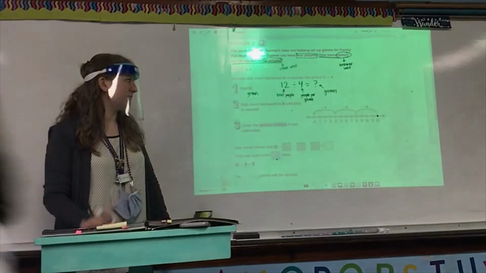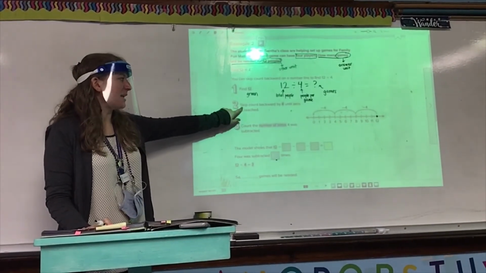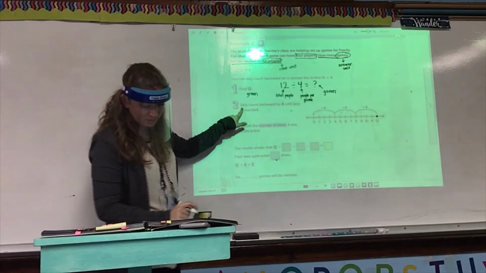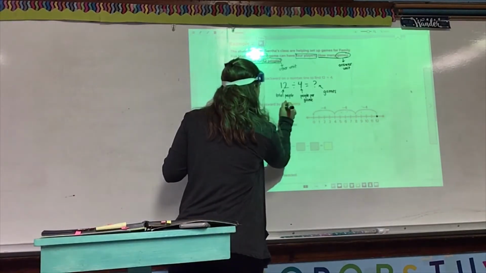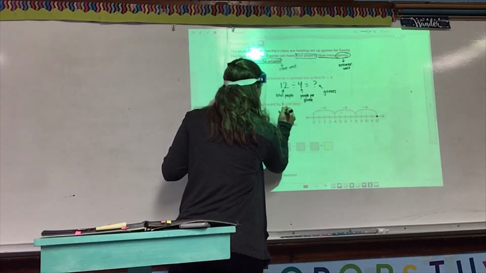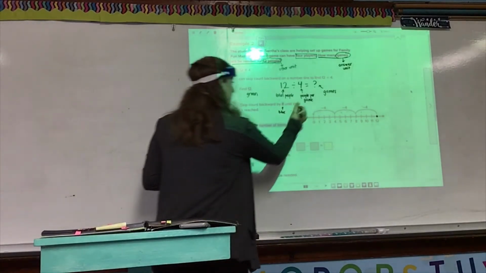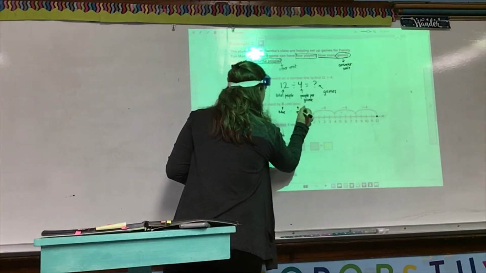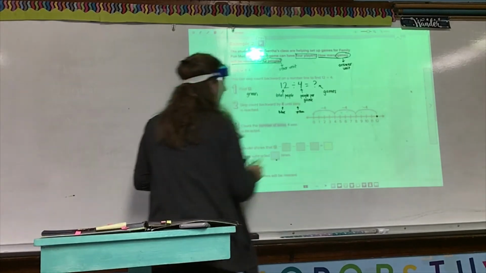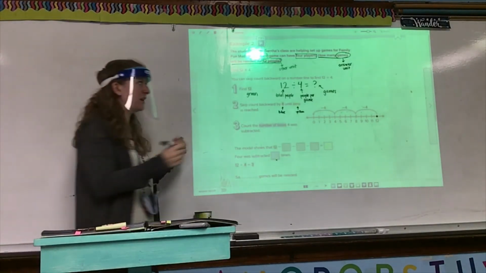That was step 1. Now we're going to skip count backwards by 4. Notice how 4 is blue until 0 is reached. Notice how 0 is yellow. You don't have to write the colors, however you can if it'll help you.